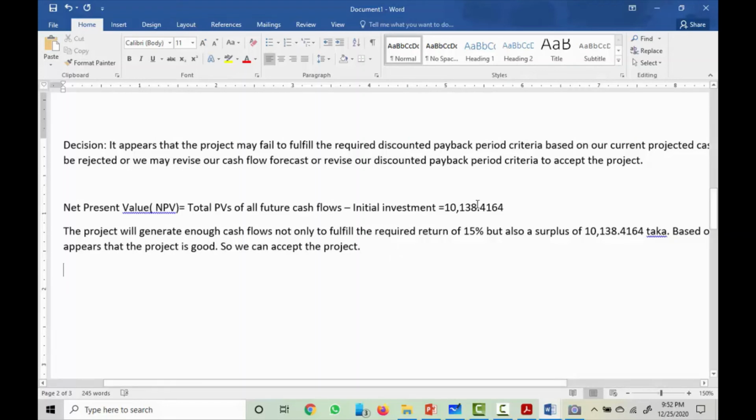Right. So in the example that we have solved, NPV was positive and also 10,138 taka. But what if NPV is 0?